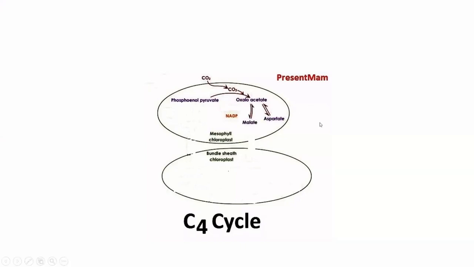Okay, these two are four carbon molecules. Then it comes to the bundle sheath cell. This malate comes. Then another CO2 is added. Then a 6 carbon intermediate forms.